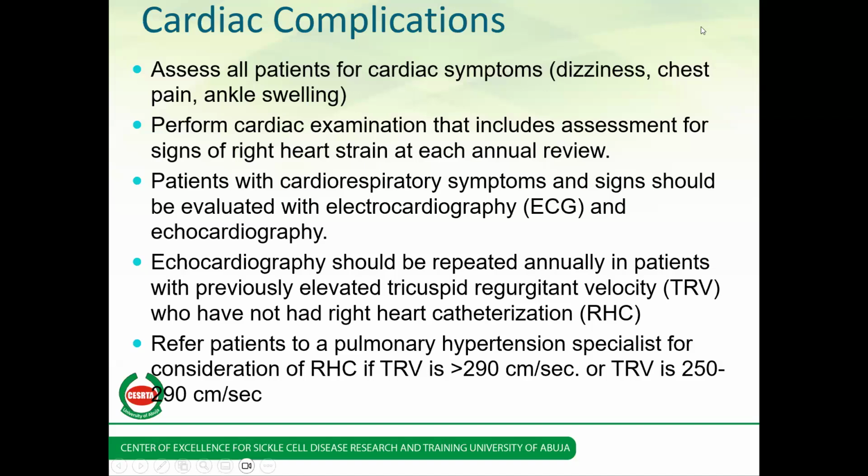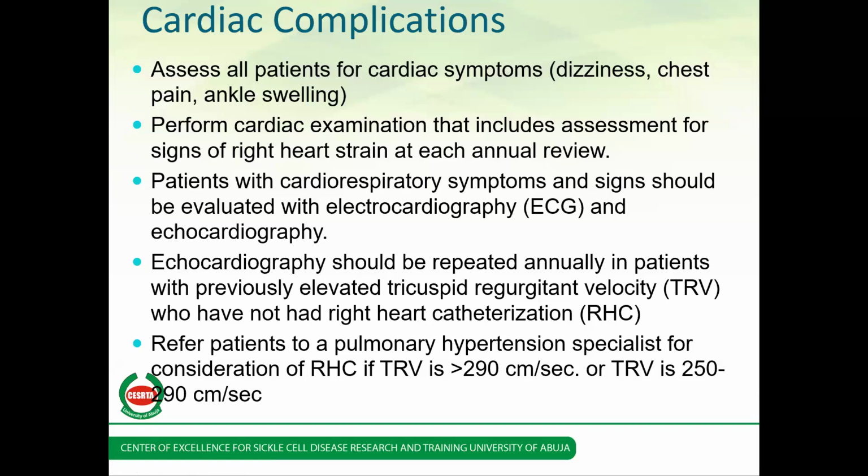Cardiac complications. Assess all patients for cardiac symptoms: dizziness, chest pain, ankle swelling. Perform cardiac examination that includes assessment for signs of right heart strain at each annual review. Patients with cardiorespiratory symptoms and signs should be evaluated with electrocardiography and echocardiography.